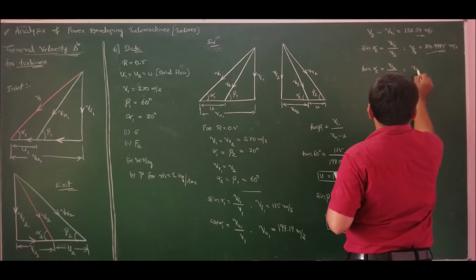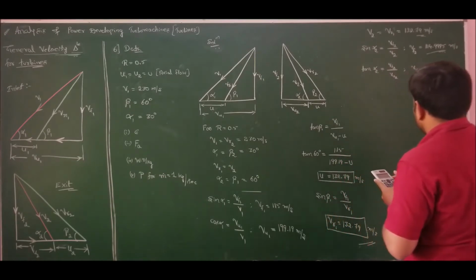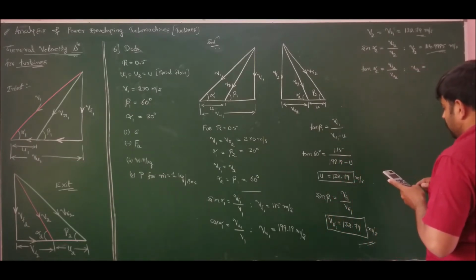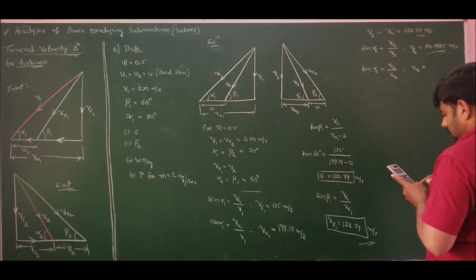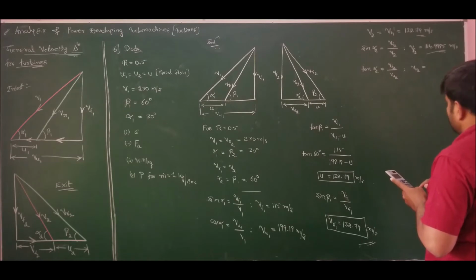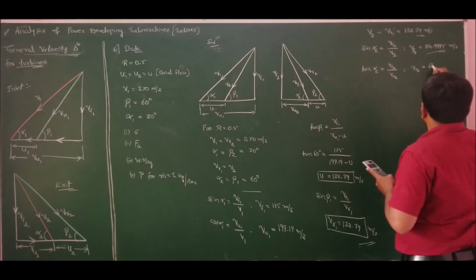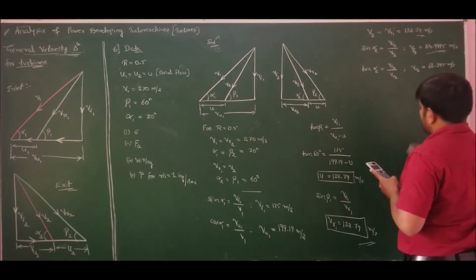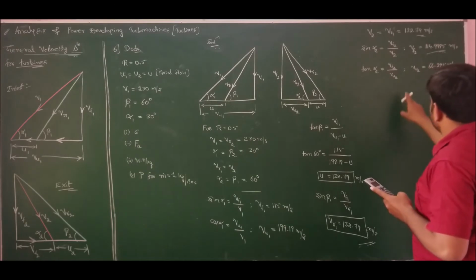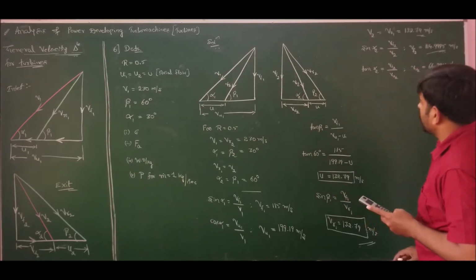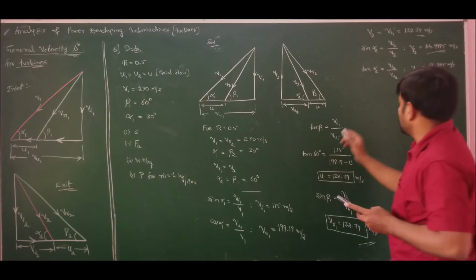Hence the value of Vu2 will be Vf2 by tan alpha 2, which is 114.995 divided by tan 60 degrees, which is equal to 66.395 meters per second. Next, you know all the values in the outlet velocity triangle also. Now let us solve what has been asked.